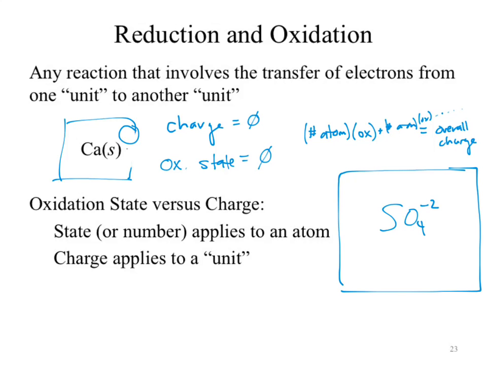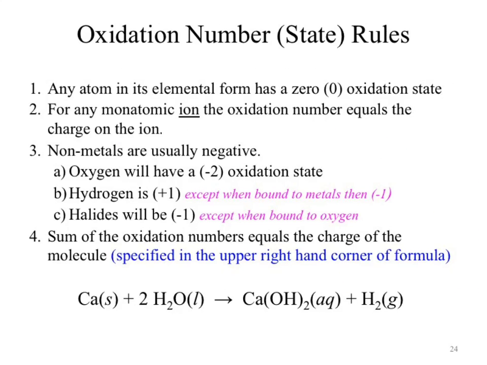And there are certain rules that you are forced to follow to do that solving process. These are our rules. The book lists all of these rules out. I would actually modify these in just a second. Any atom in its elemental state has a 0 oxidation state. Well, that's because all by itself, what's its charge? 0. Well, the sum of the oxidation states equals your charge. If your charge equals 0 and you're all by yourself, your oxidation state equals 0.